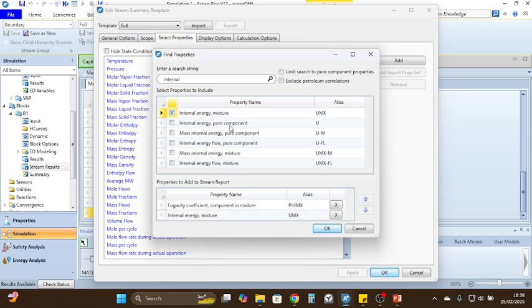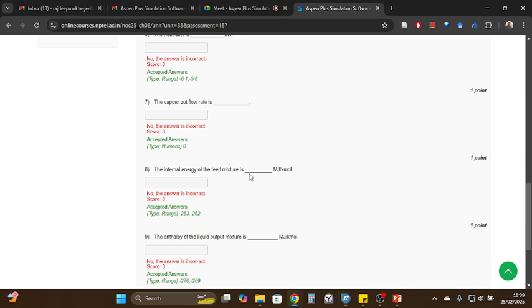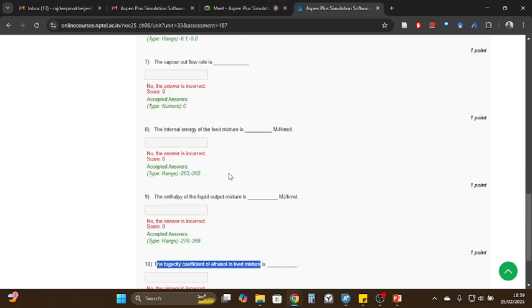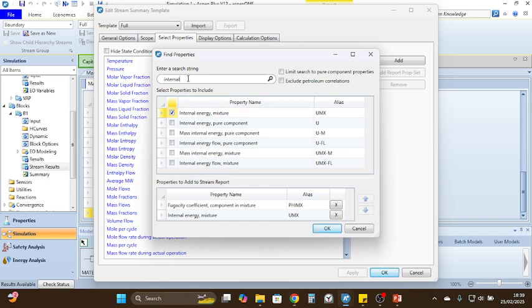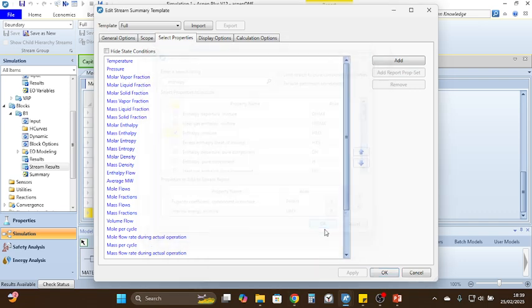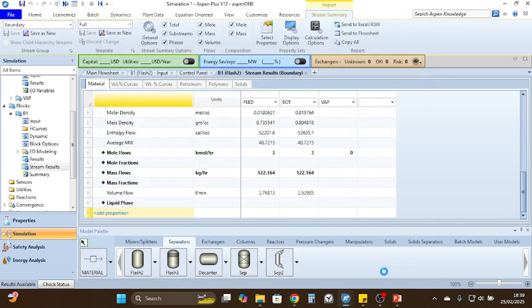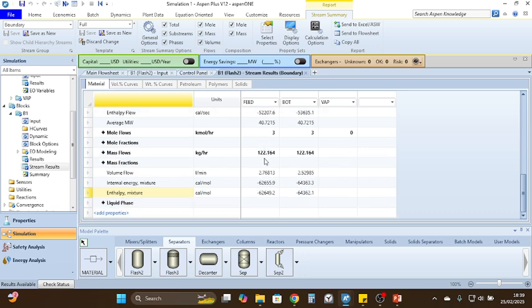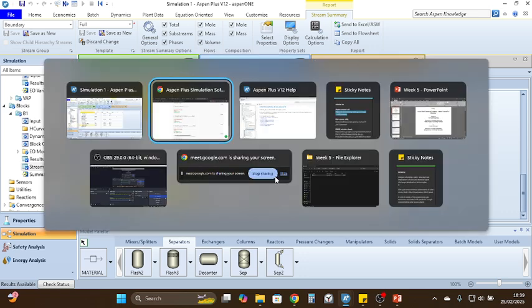So internal energy mixture is selected over here, and the rest, enthalpy. The enthalpy of the mixture is required. Now let us click on OK. So all of these values are given now.